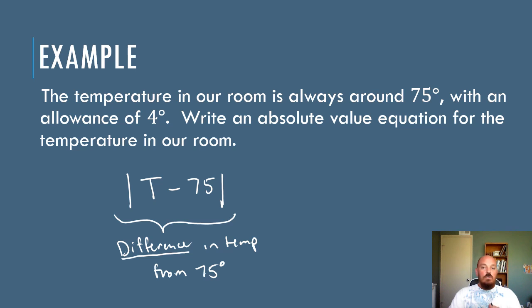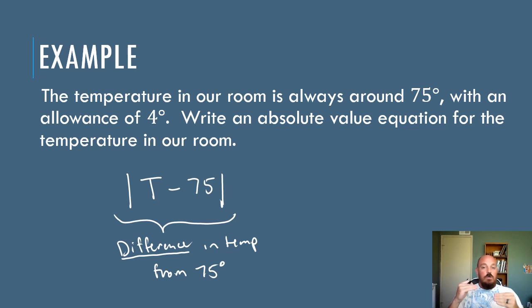Now, we know that that's going to be at most 4 degrees. But we don't know if we're 4 degrees hotter than that, 79, or 4 degrees lower than that, 71. So the t minus 75, if we're higher than 75, if we're at like 78 degrees, that's going to be a positive number, 78 minus 75.